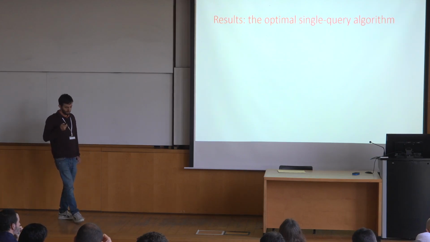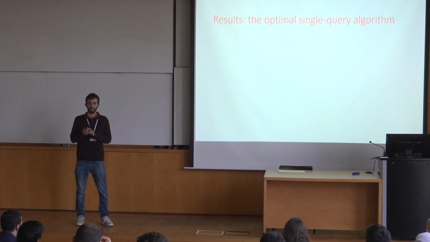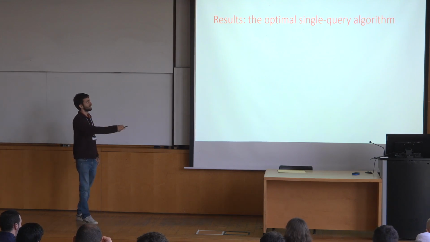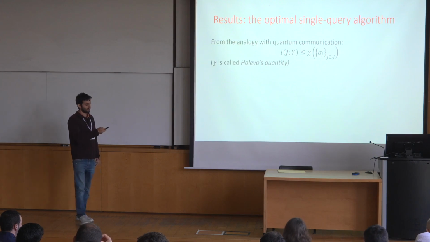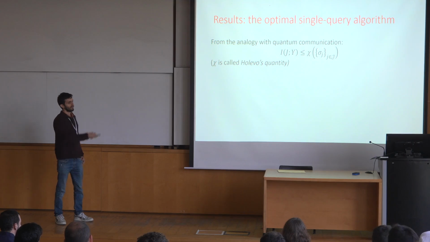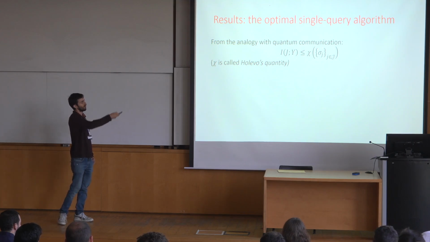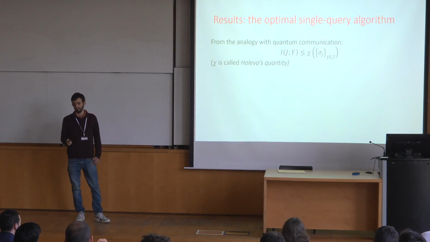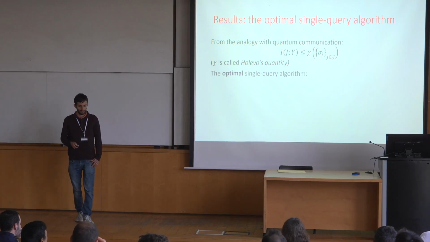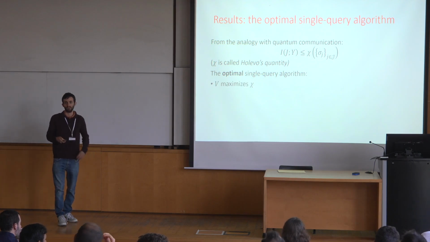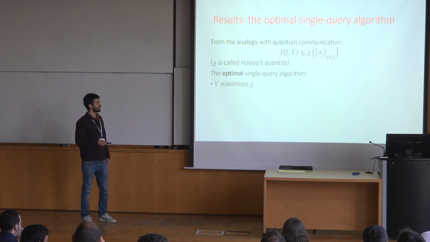So what we got out of this is we can use known results about these communication tasks. In particular, we know that I(J;Y) is bounded by a quantity called chi. This is Holevo's bound, and this chi is called Holevo's quantity. It's a function of all of those sigma_j's. And we can say that the optimal single query algorithm has this form. You can describe what it looks like.